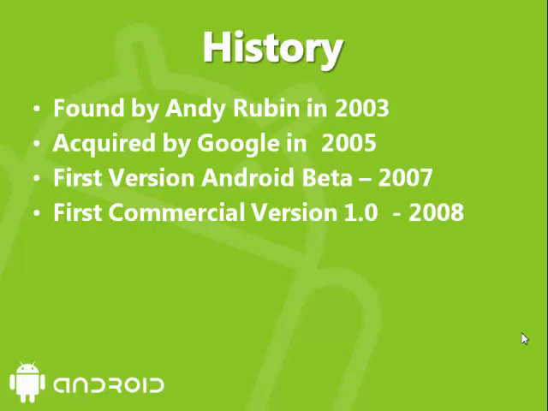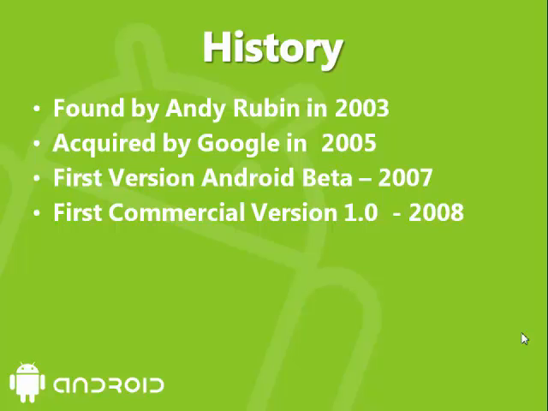Let us move on to history of Android. Android Incorporation was founded by Andy Rubin in 2003. Later, it was acquired by Google in 2005. Android mobile operating system began with the release of the Android Beta in November 2007.